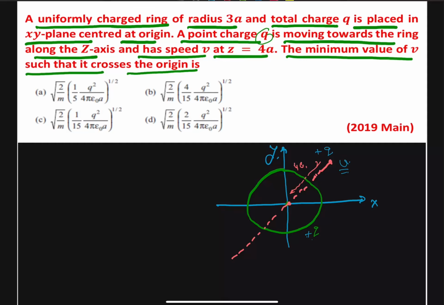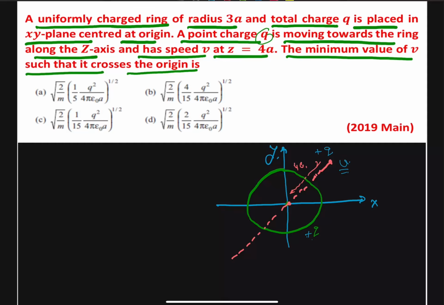Therefore we need to find the value of the potential at this particular point, and based on this we can use the energy principle: the energy at z equal to 4a, and when it is just crossing the origin. Using energy conservation, it is going to solve the question.